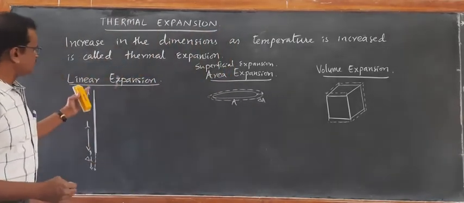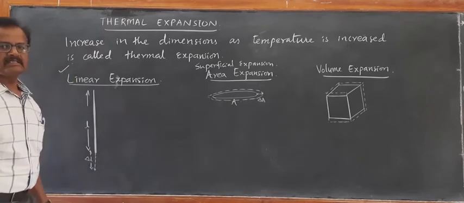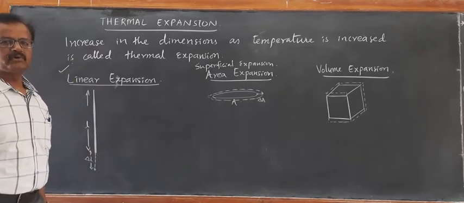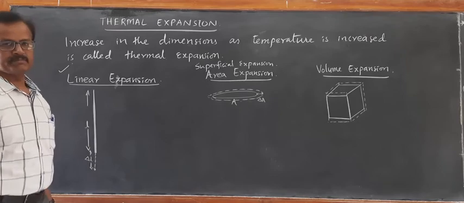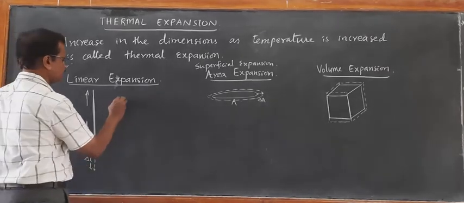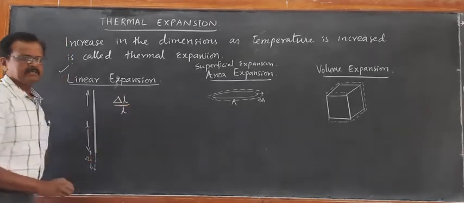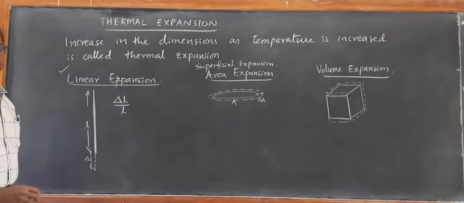Let us learn first linear expansion. Increase in length per unit length is found to be directly proportional to change in temperature. Increase in length is delta L. Per unit length is original length L. This is called fractional change in length.